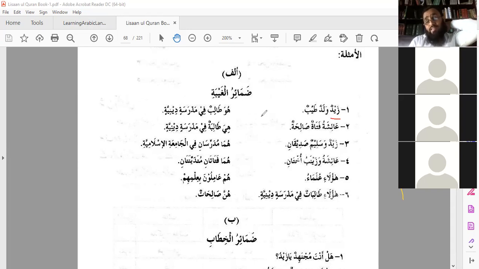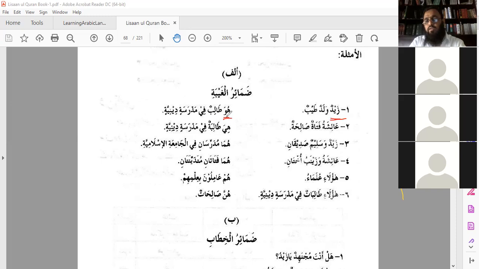If we start with huwa instead of Zaid: huwa talibun fi madrasatin diniyatin. He is also a student in a religious seminary. Now we have used huwa, and it becomes mubtada in the sentence because we are using it instead of the noun.